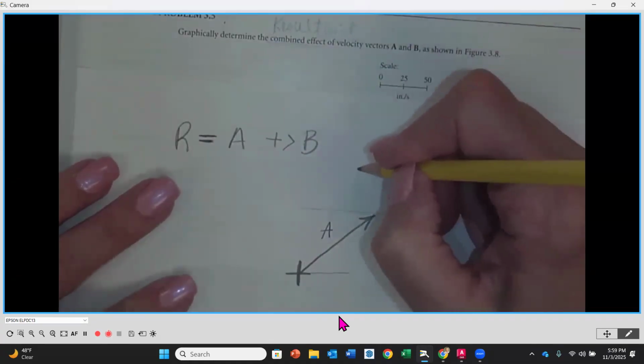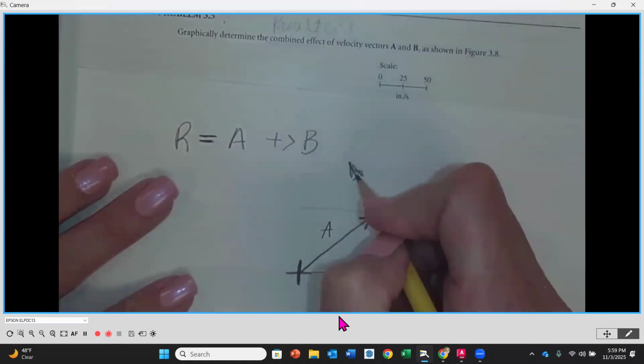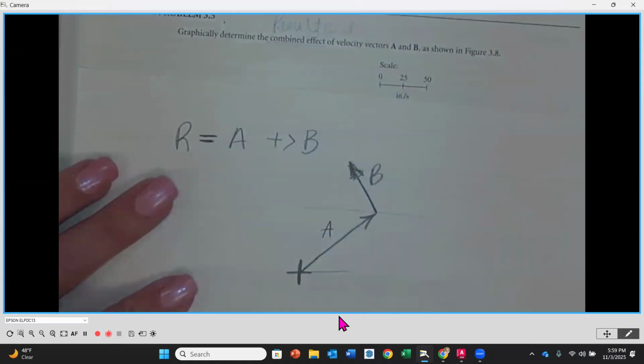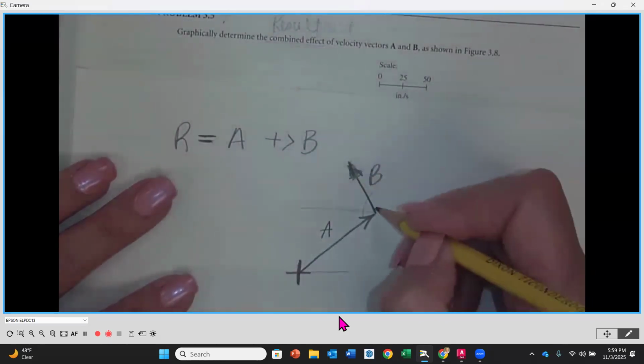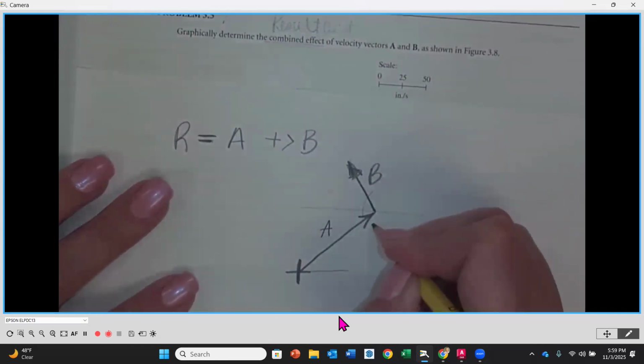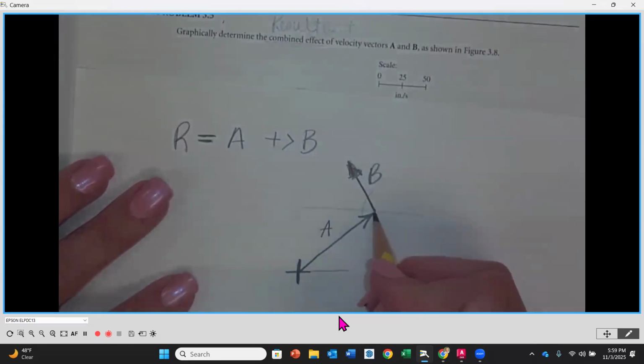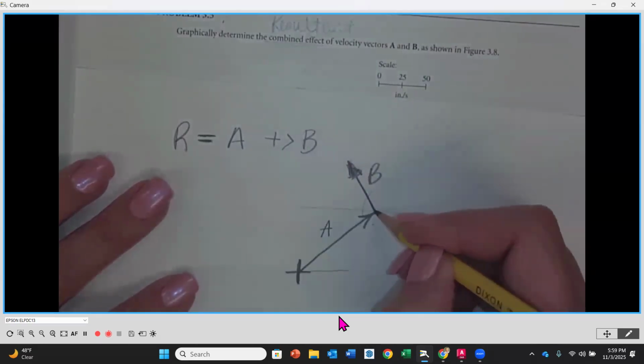My B is going to be something like this, vector B, and this would be like a 60-degree angle from horizontal on that side. Now, notice that I took the tail of my B and I put it at the tip of the previous vector. So A started out at my origin, and then B's tail started at the tip of A.